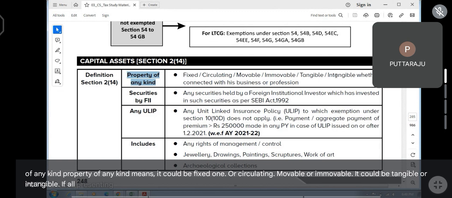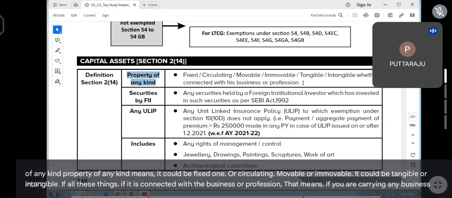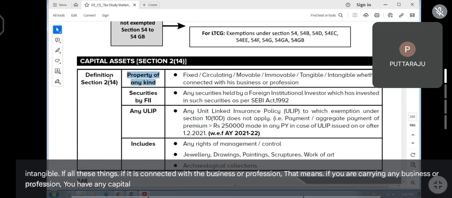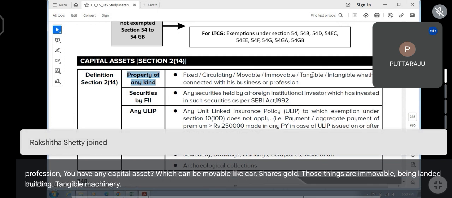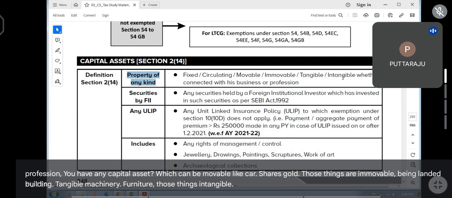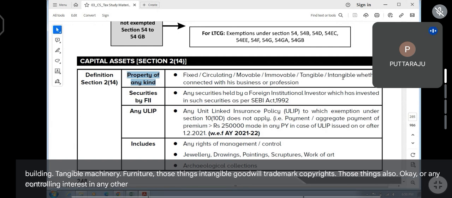If it is connected with a business or profession, that means if you are carrying on any business or profession, you have a capital asset which can be movable like car, shares, gold, or immovable being land or building; tangible, machinery, furniture; intangible, goodwill, trademark, copyrights. Any controlling interest in any other company also comes under intangible.